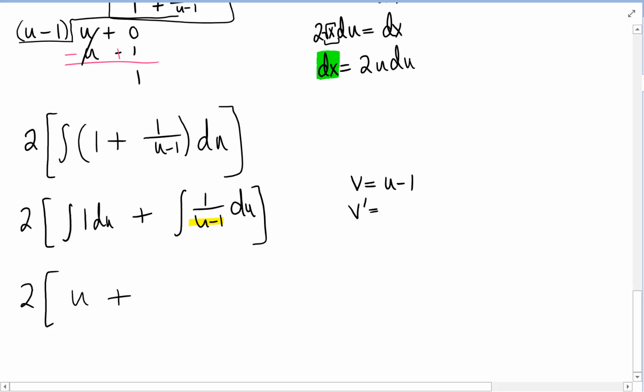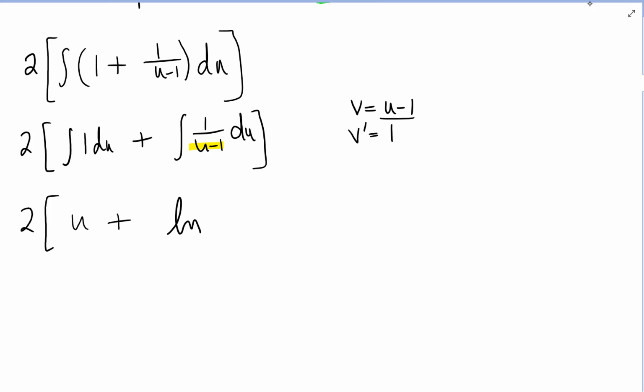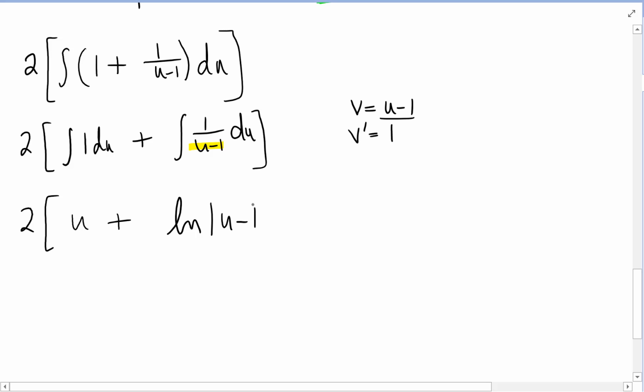V prime is equal to 1. Okay, so v prime is present. Right here, it looks like we have v prime over v is what you are integrating. That is just the natural log of whatever v is. And don't forget that you need to have the absolute value of u minus 1 plus c.